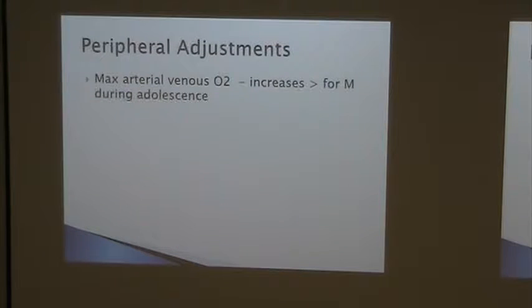adjustments. So peripheral would be where? We've talked about the lungs, we've talked about the heart. Peripheral is in the body, in the muscles. Okay, so these are those arteries that get to the muscles. The oxygen that is diffused from those arteries tends to be greater in males than in females.